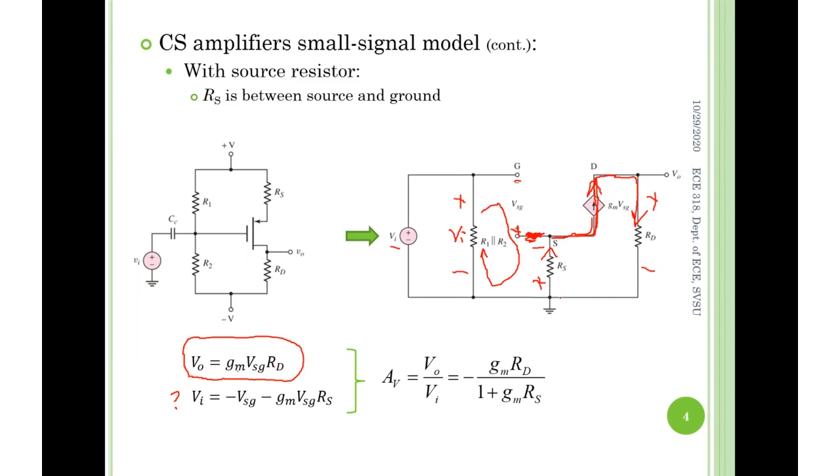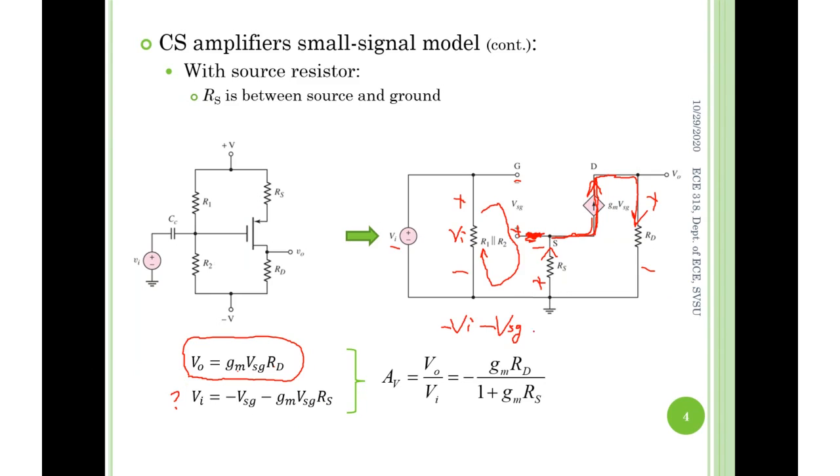This voltage equals gm VSG times RS. And if you write a KVL inside of this, what is it? Negative VI, right? Negative VSG, right?